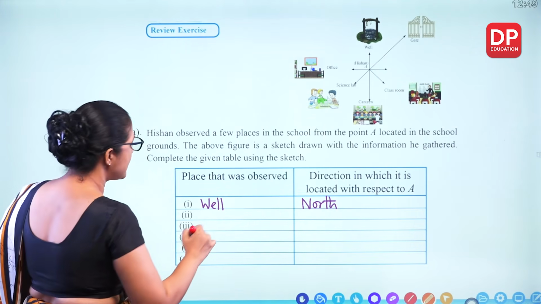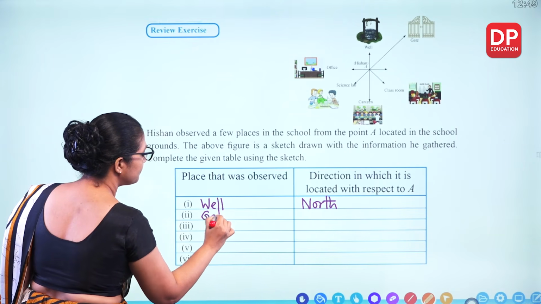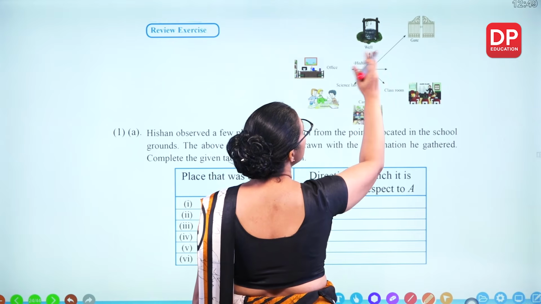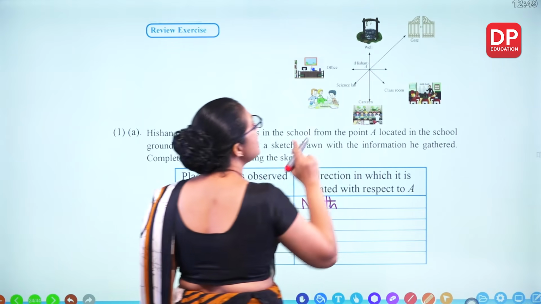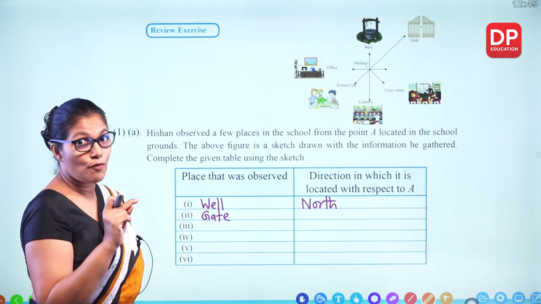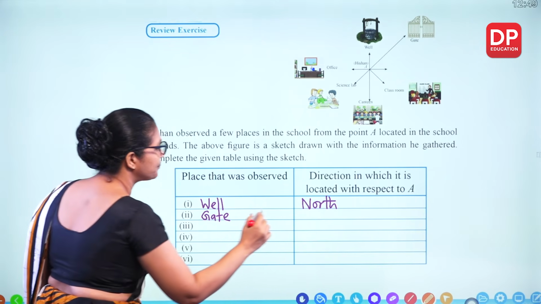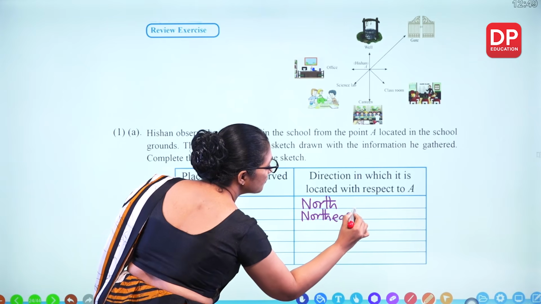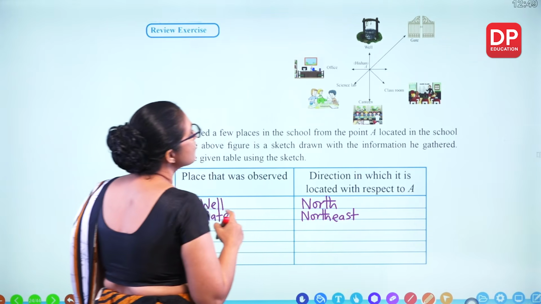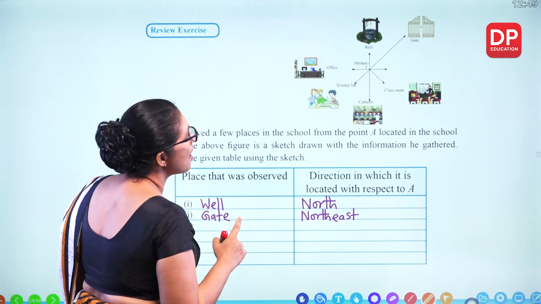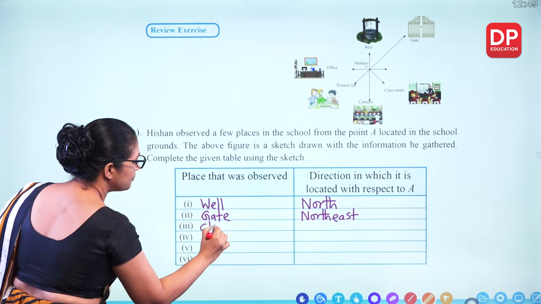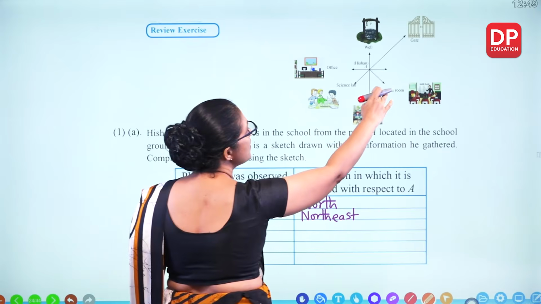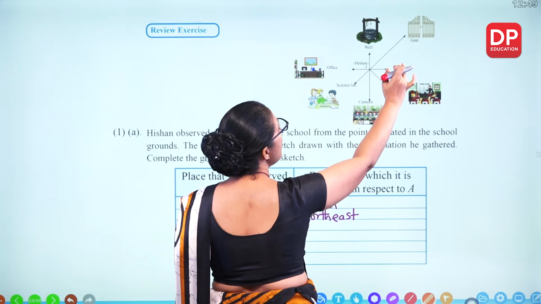When you take the gate, the gate is exactly halfway between north and east. So what you call northeast. Then the classroom. The classroom is in between south and east.